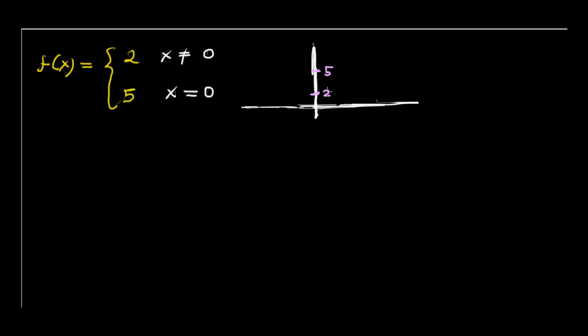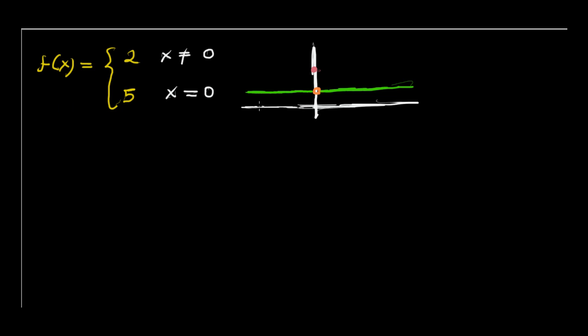So it's going to look something like this. When x is not equal to 0 it is 2, but when x is equal to 0, there is a gap here and the actual function's value is here, which is 5.